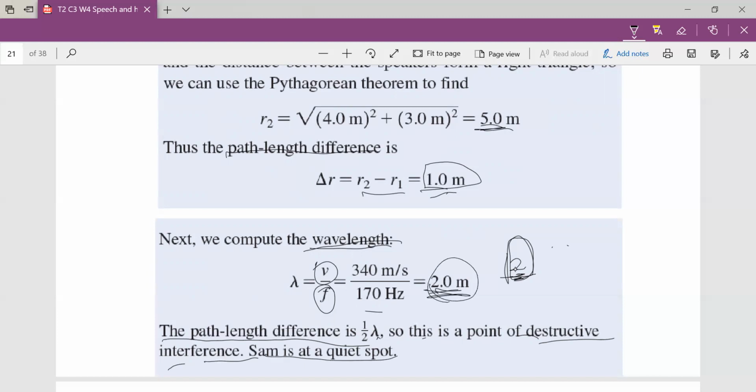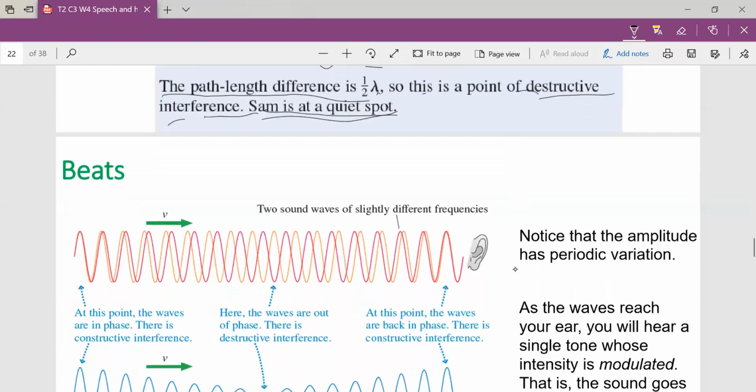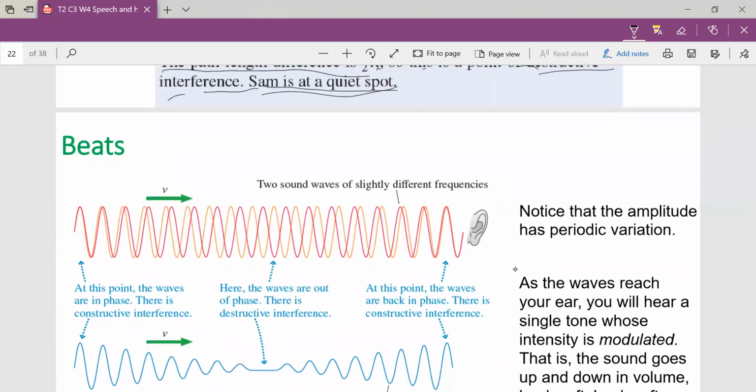So the wavelength information and the path length information gave us the answer to the question we're looking at. The path length is half the wavelength, therefore Sam is standing at the quiet spot. There's a destructive interference. All right, so we'll move on to the last part, which is beats.